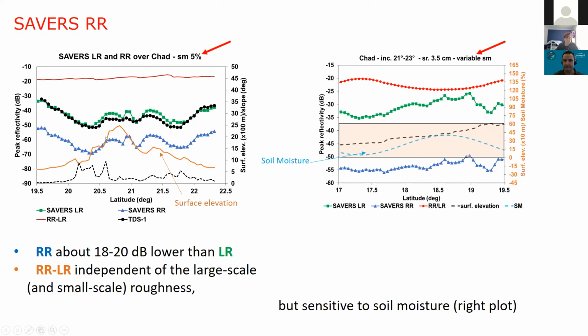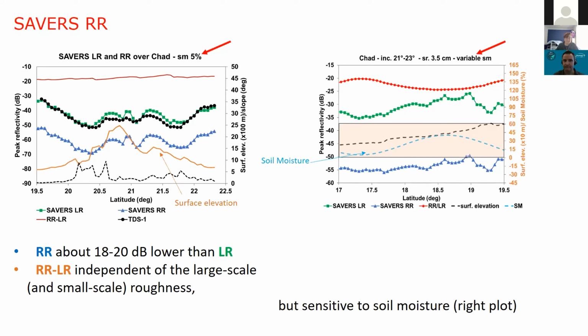The orange line again is the surface topography, and the blue triangles are the reflectivities at right polarization, which is about 18-20 dB lower than the left reflectivity.